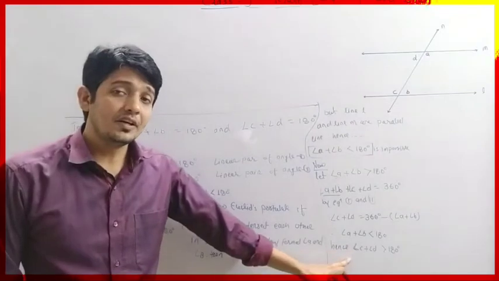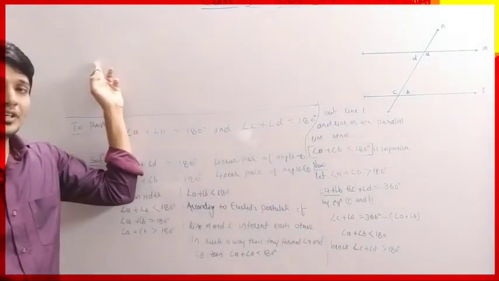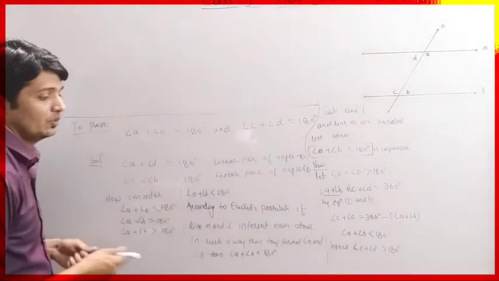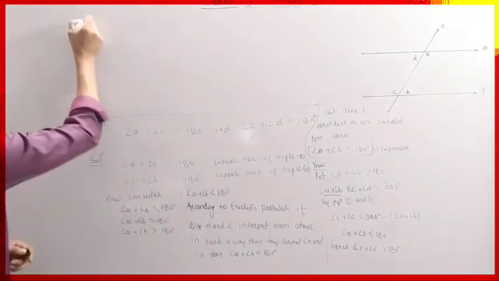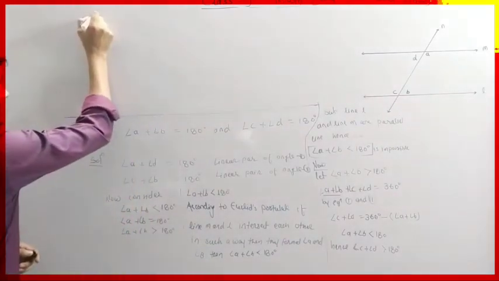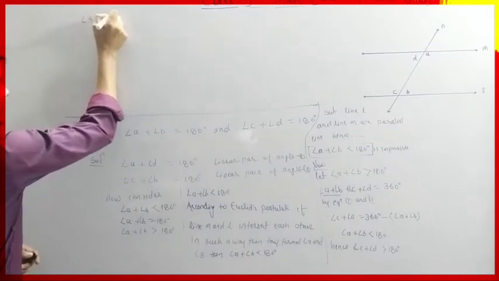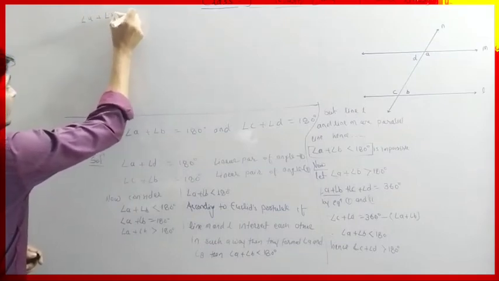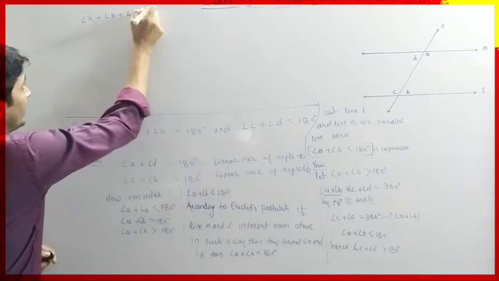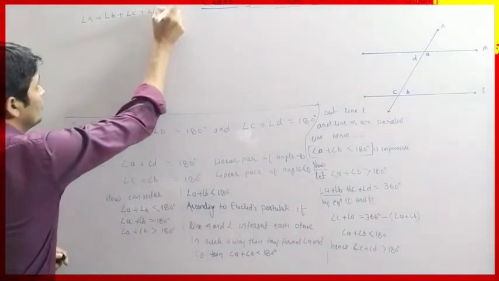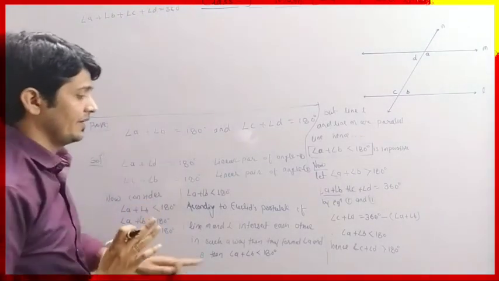So after this we are solving our equation here. Okay, so what do we have now? Angle A plus angle B plus angle C plus angle D equals 360 degrees, we had.